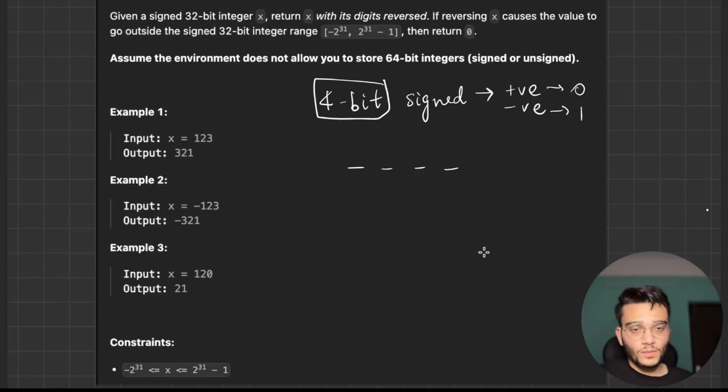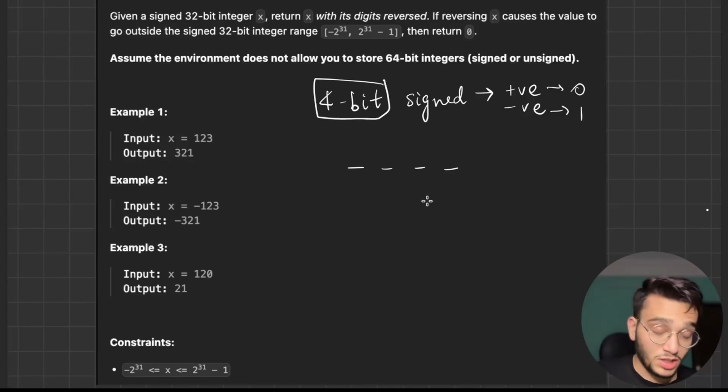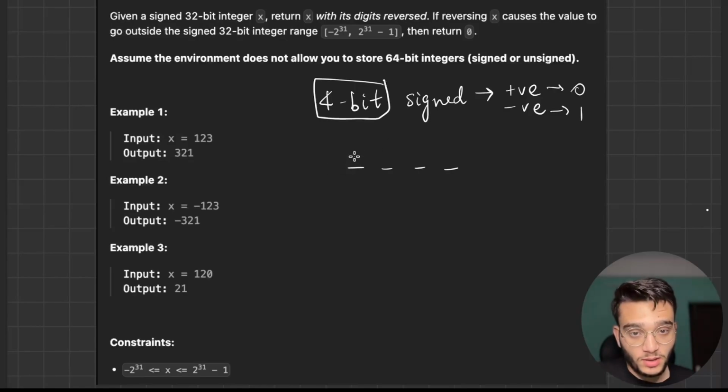Okay, so let's say now you want to see, okay, what is the minimum value of an integer that can be represented with these 4 bits. So your minimum value would always be negative, right? So this sign bit would be 1, and since our value must be minimum, each of these bits will be equal to 0.